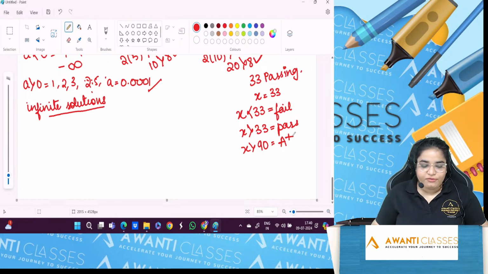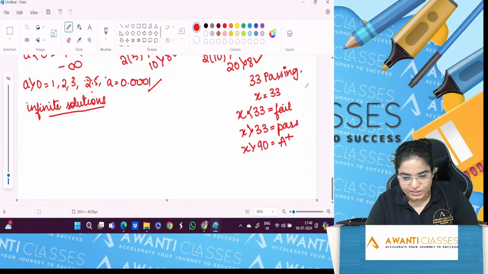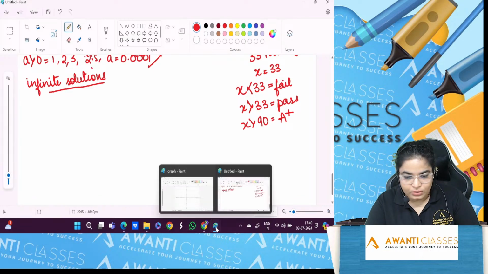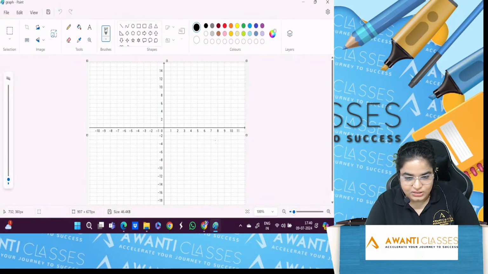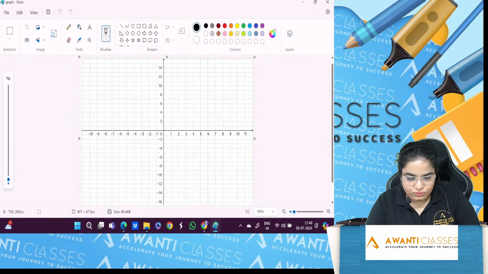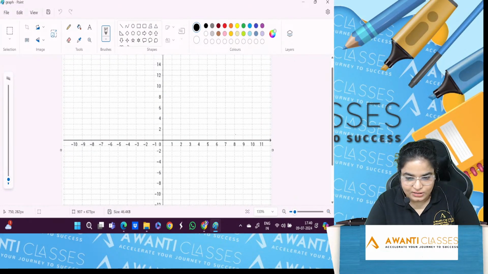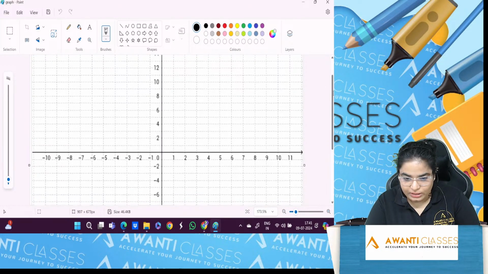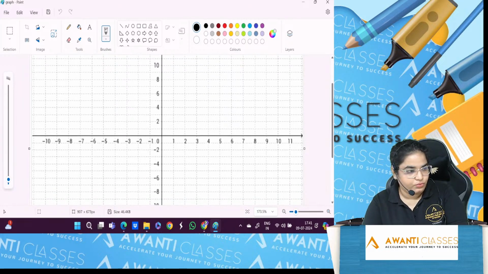Now, when we saw equations yesterday, imagine if you had to put them on a graph. Can everybody see this? Can we move?